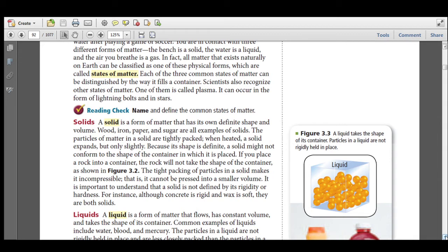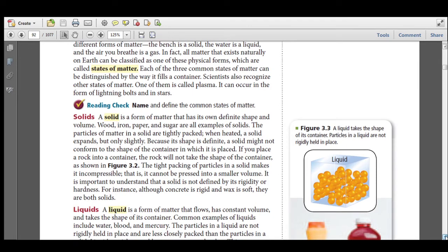If you place a rock into a container, the rock will not take the shape of the container. The tightly packed particles of a solid make it incompressible. That is, it cannot be pressed into a smaller volume. It is important to understand that a solid is not defined by its rigidity or its hardness. For instance, although concrete is rigid and wax is soft, they are both solids.